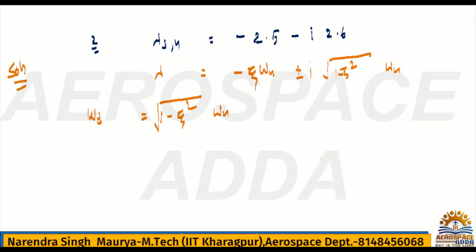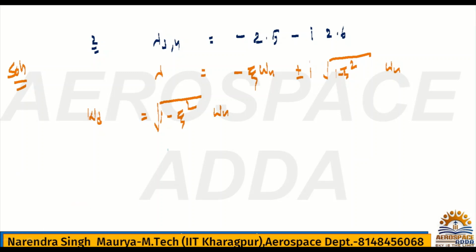So damping frequency means they are asking omega d only. So for omega d, you should know what is the xi and what is the omega n. So you have to solve this, and you just compare these two and try to find out the values. Simple steps you have to follow.